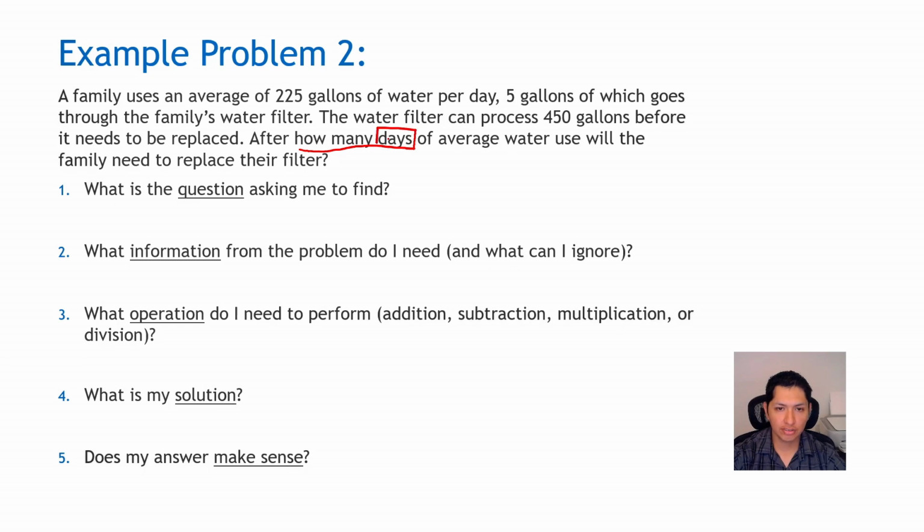Days. But days of what? Of average water use will the family need to replace their filter. So the answer is going to be something days. But what do the days represent? It is the average water use.